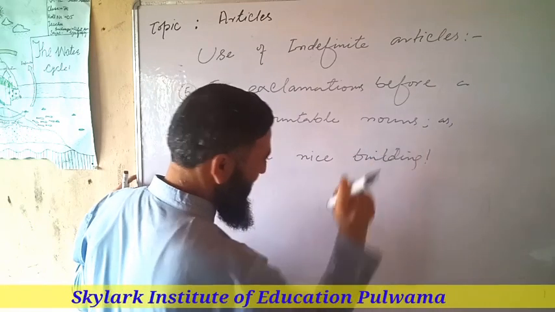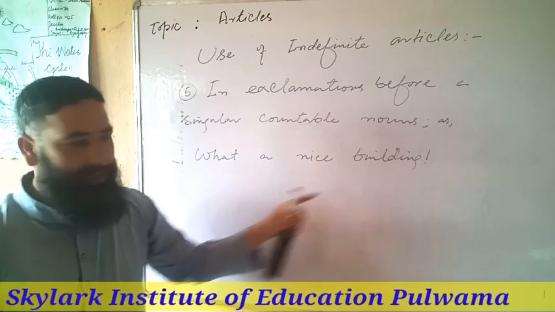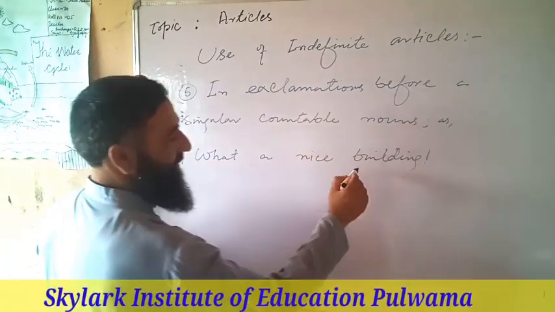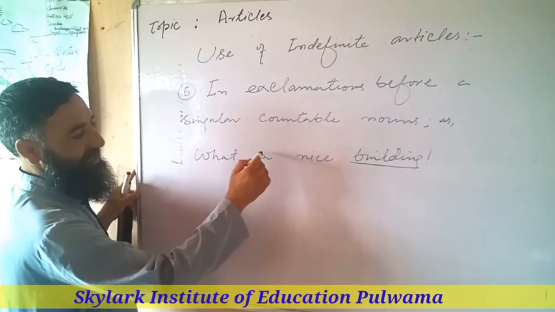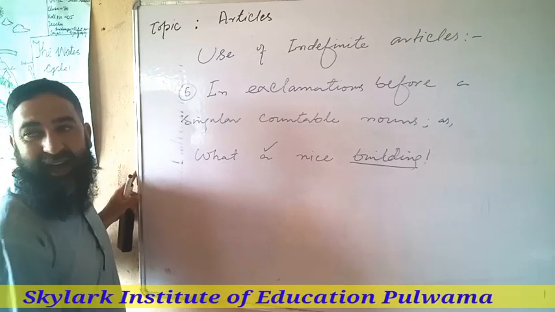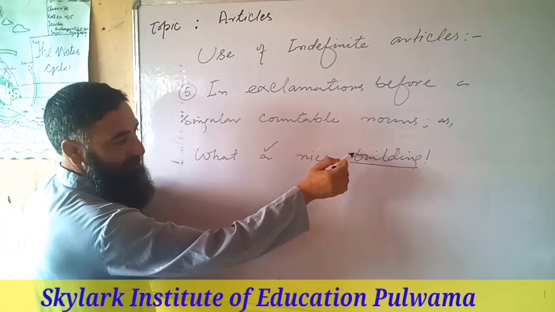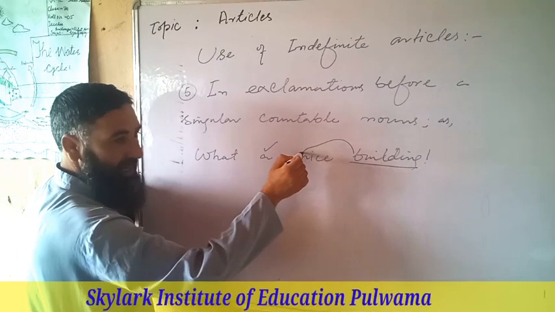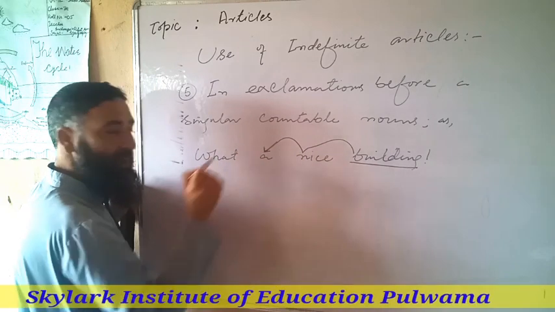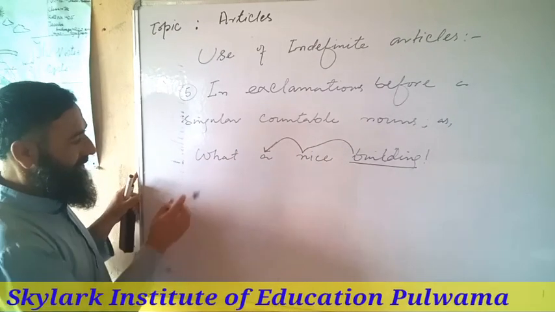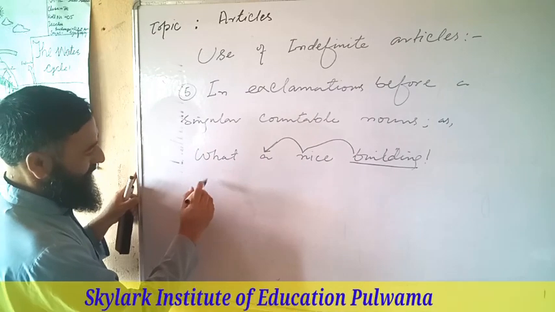See, this is an exclamatory sentence, and this building is a singular countable noun, and you will write what a nice building. But this time this building is preceded by an adjective, nice, and the adjective will be preceded by the article. You have learned it. What a nice building.